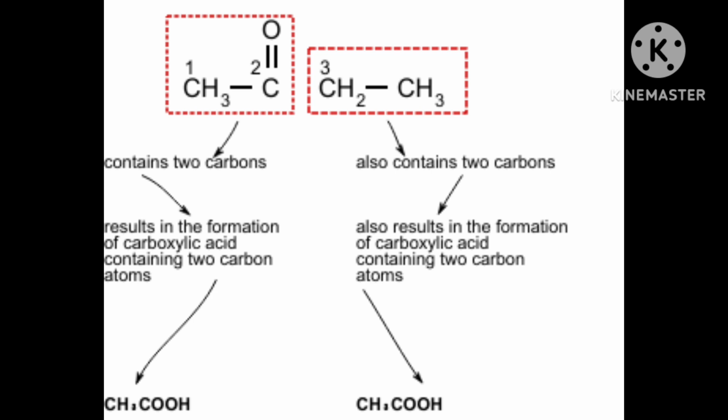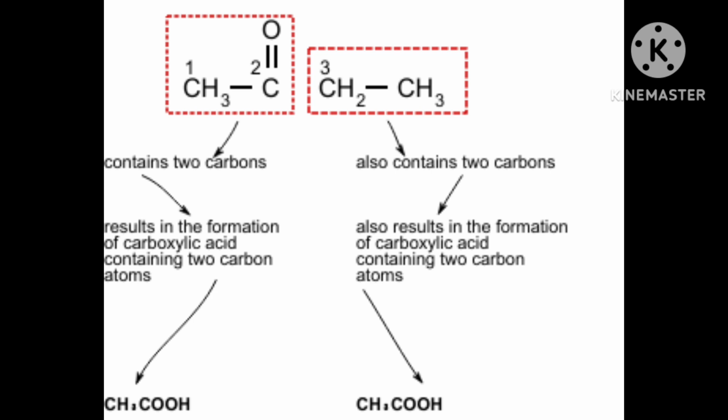Nitric acid, potassium permanganate, potassium dichromate also function as oxidizing agents. So, five examples I am telling you: nitric acid, potassium permanganate, potassium dichromate, and two more, Tollens reagent and Fehling's reagent. Correct? These five oxidizing agents oxidize aldehyde, and the aldehyde will convert to carboxylic acid.